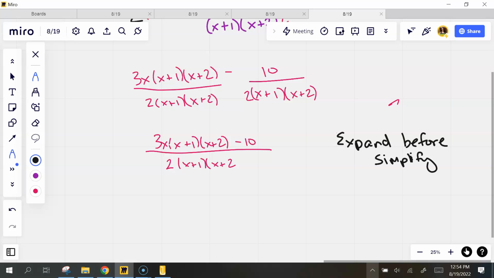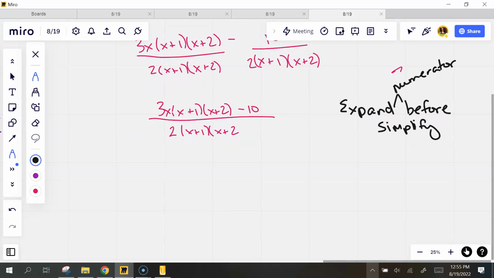It does expand the numerator. Leave the bottom alone. The bottom is already factored completely, right? It's the top that's not. So how do I expand that? Y'all are killing me.